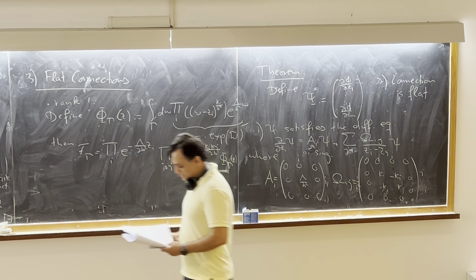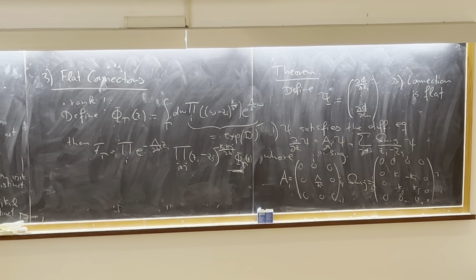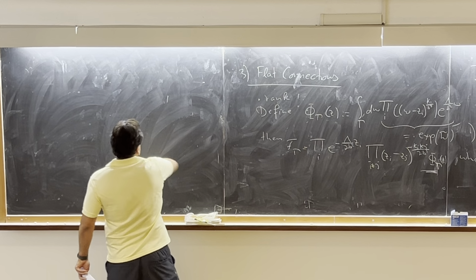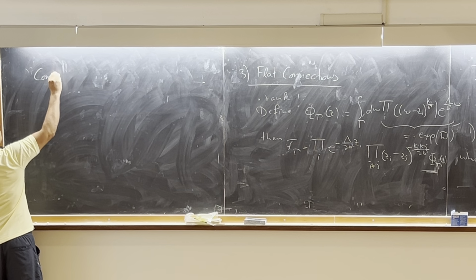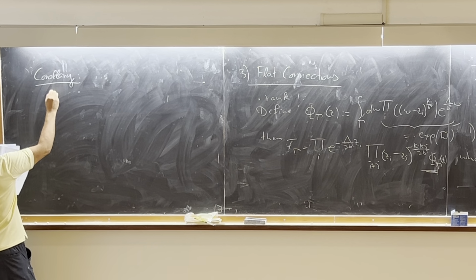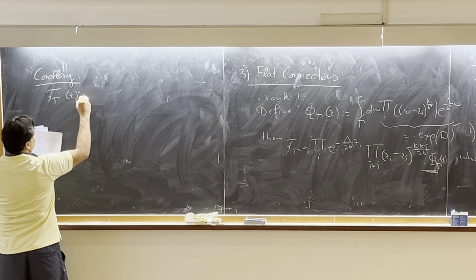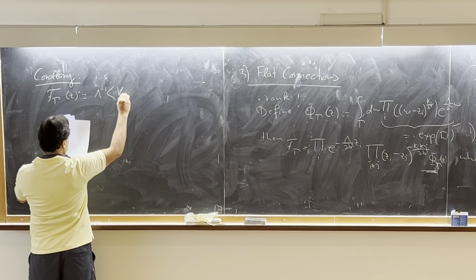So now let me actually come to this corollary. Maybe I'll just erase this part. There is a corollary here that this f of gamma, z, which I take to be the corresponding integral representation, I'm just using this now as a definition.